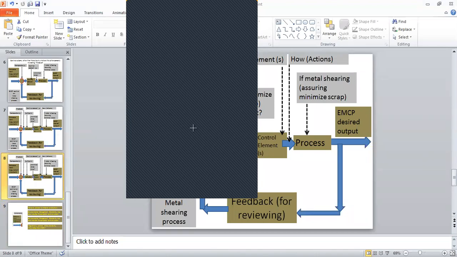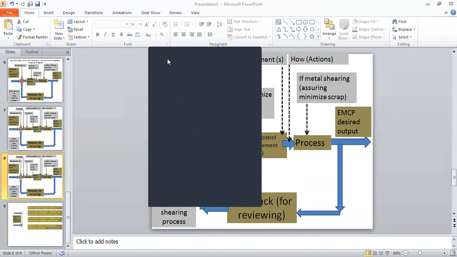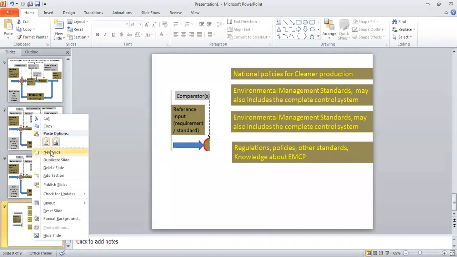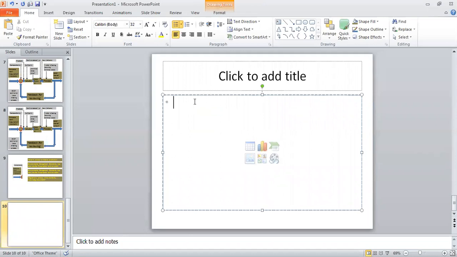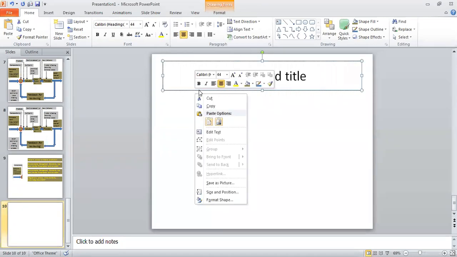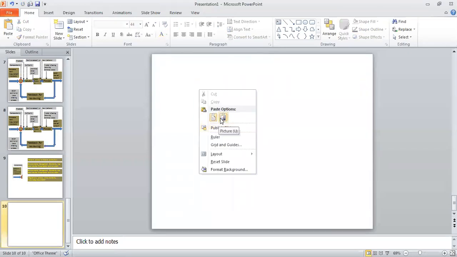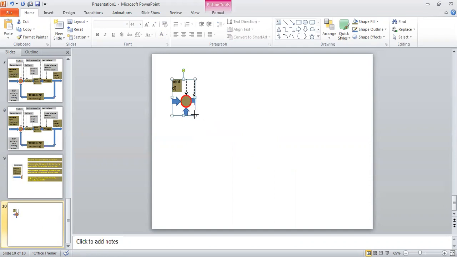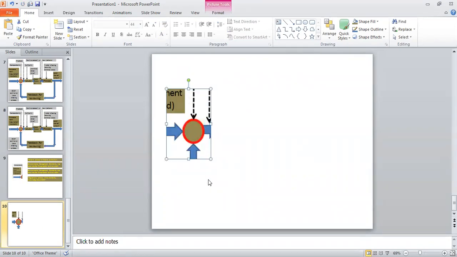Then comparators, also important. Then you can see, possible comparators. There are people comparing whether EMCP is assured or not.